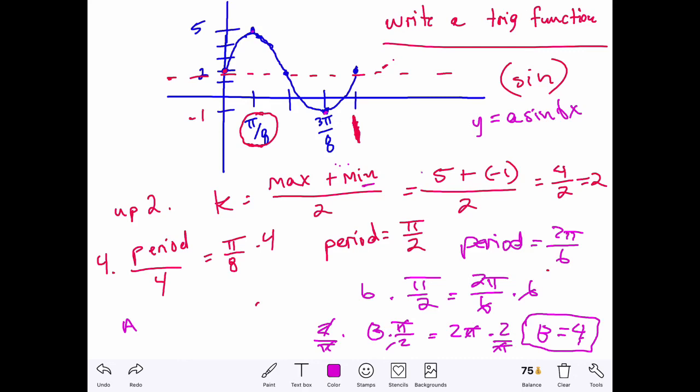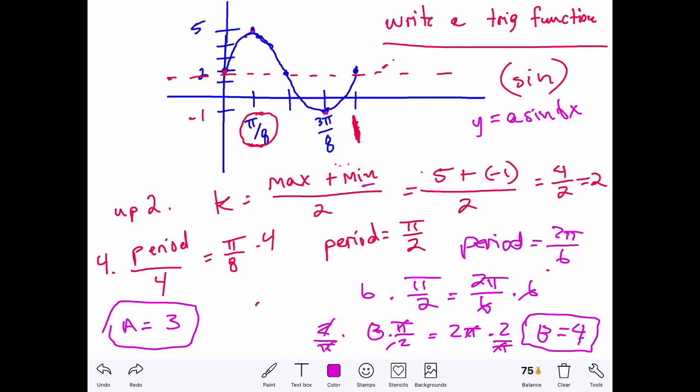So our amplitude must be 3. Okay, so we're going to want to use information along the way to either find our period length, and then from our period solve for b. And then, of course, determine if it has a vertical shift. And hopefully we can then write one based on this.